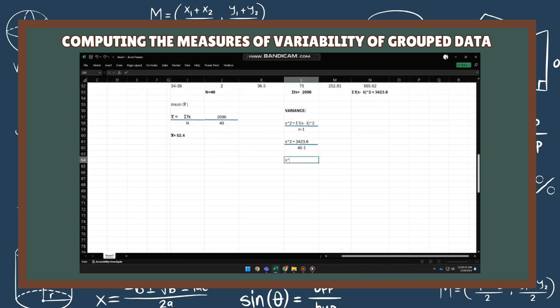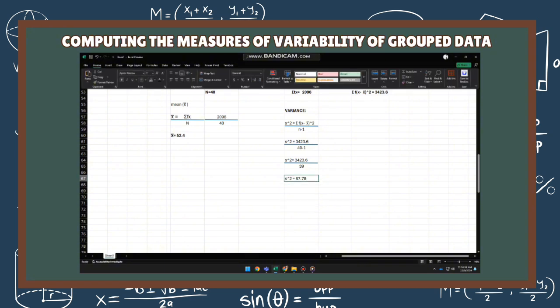So, s squared equals 3423.6 over 39. So, i-divide natin yung 3423.6 divided by 39. S squared equals 87.78. So, ayan yung ating variance.